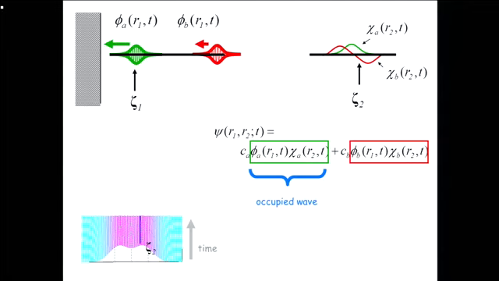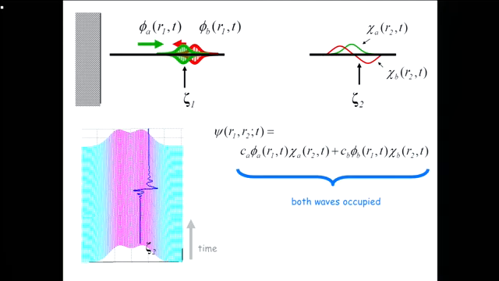Now, imagine that somewhere over here, I put a mirror in the path of this particle to reflect the wave function back. Well, if I do that, then there comes a point in time where this wave function starts to overlap with the other wave packet for this particle.